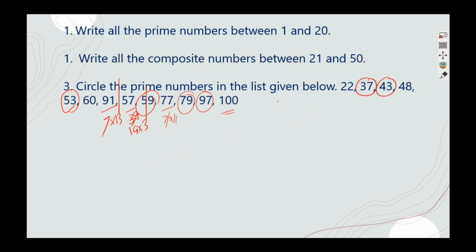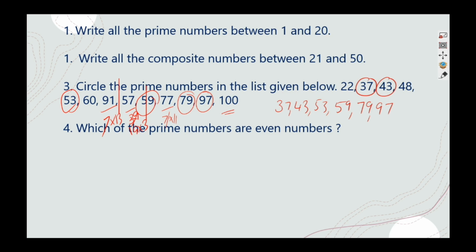So we can pick out these numbers: 37, 43, 53, not 91, neither 57, but 59 is a prime number. 79 is a prime number. 97 is a prime number. Okay, in this way we can find out the prime numbers. So the question will come like that.